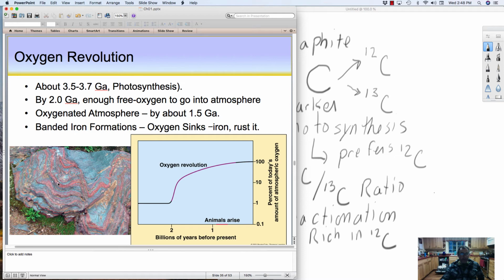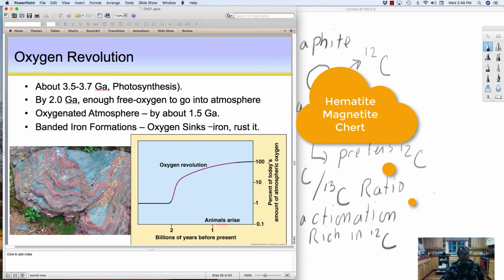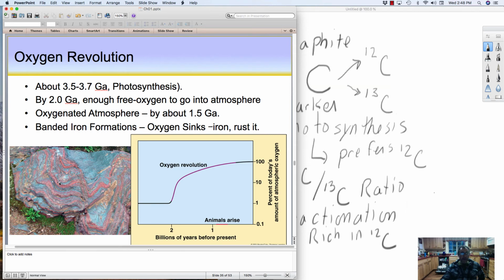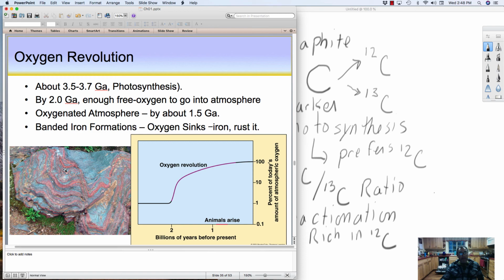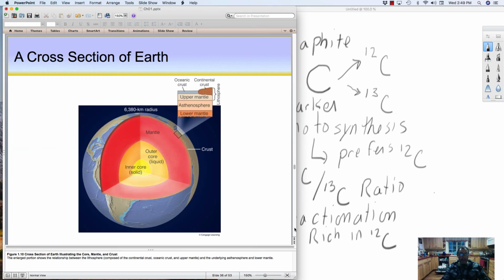So they're composed of metallic minerals, the hematite or magnetite, and then we see this red chert. So chert is a marine rock that forms in the ocean. So obviously this was in the seawater. So we rusted that iron, and it took about 1.5 million years to form these banded iron formations. Well, let's stop here for now.